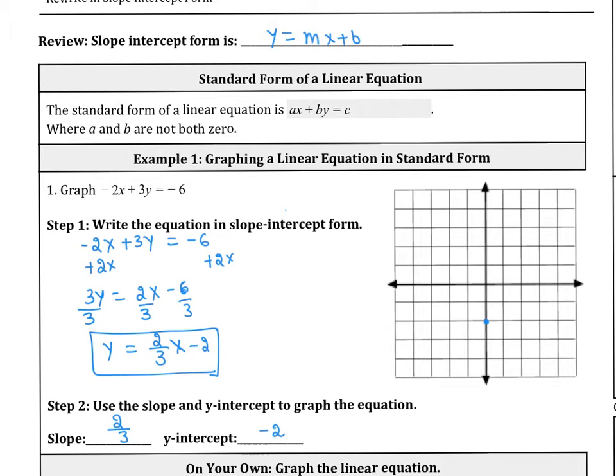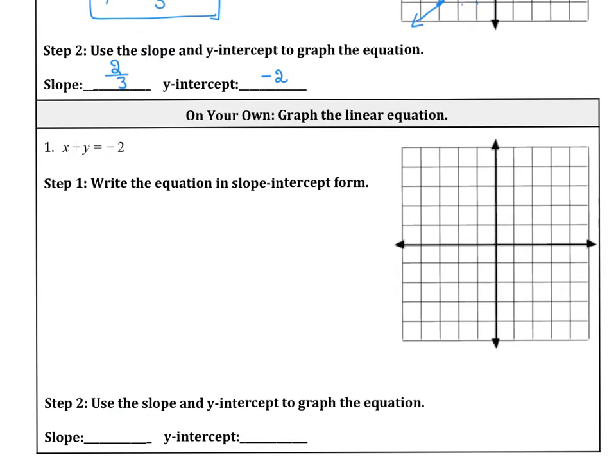The first step is up 2 over 1, 2, 3. So this is the point right here. Or if you want to follow the same pattern on the other side, 1, 2, 1, 2, 3, this point right here. Connect the points and then you're going to get the line graph.